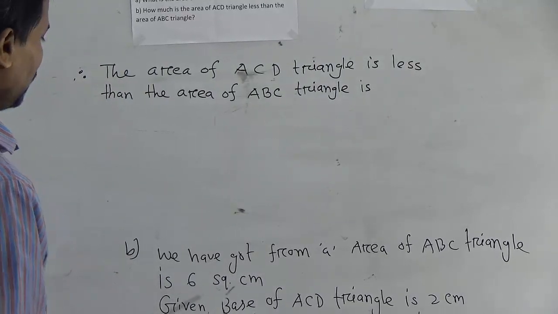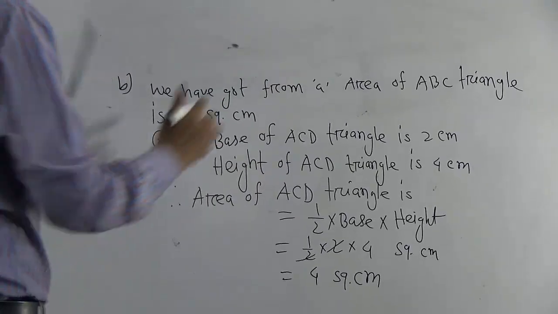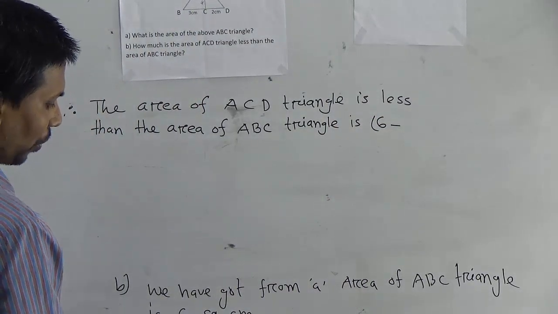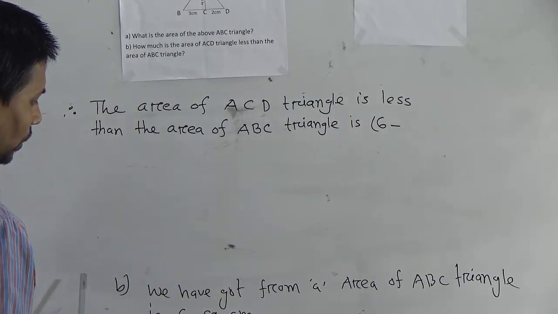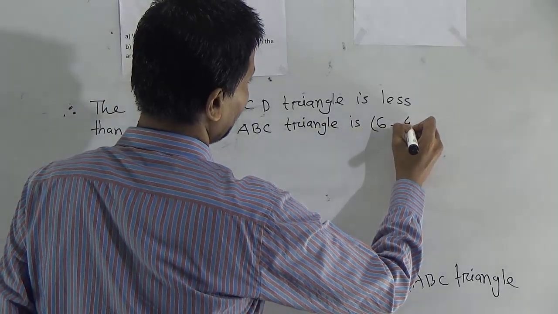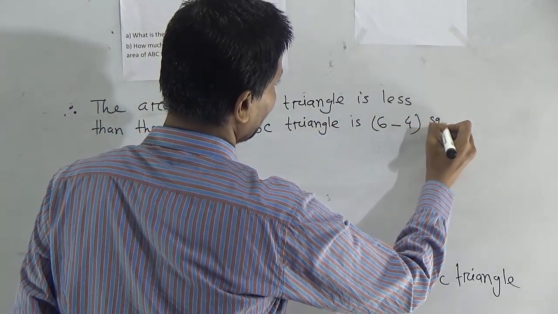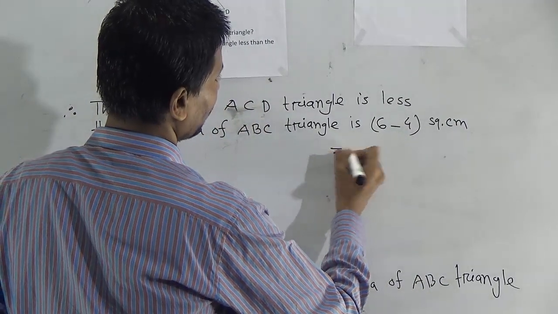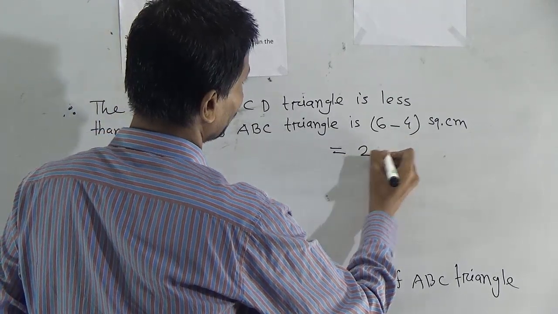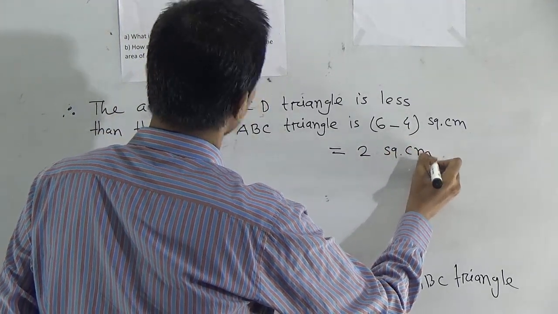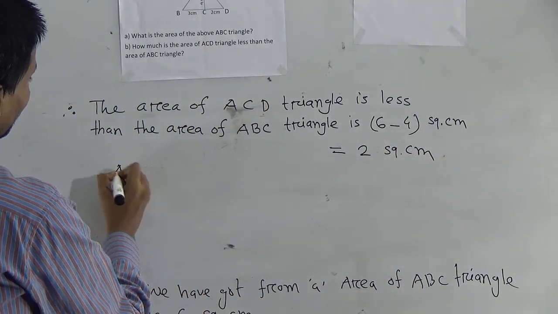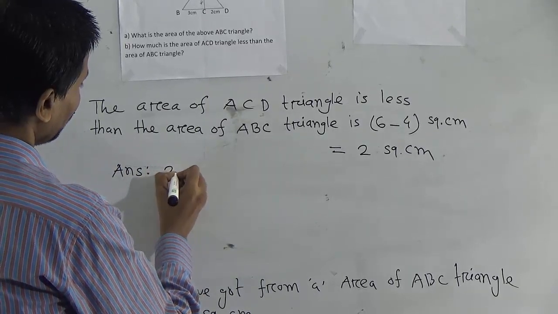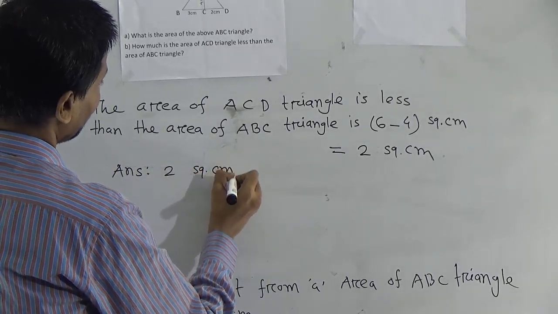Yes, area of ABC triangle is 6 square centimeter, right? And area of ACD triangle is 4 square centimeter. Yes, now right here is square centimeter. Now subtract 6 minus 4, this is equal to what? 2 square centimeter, right? Answer 2 square centimeter.